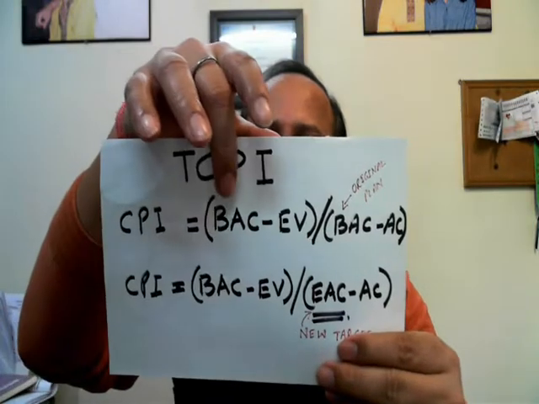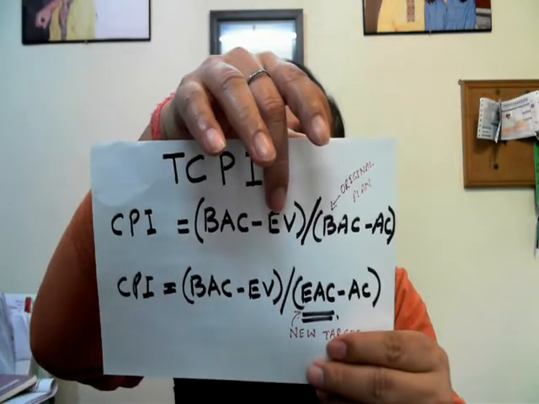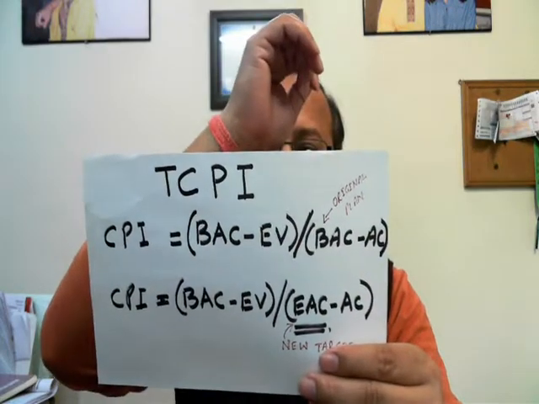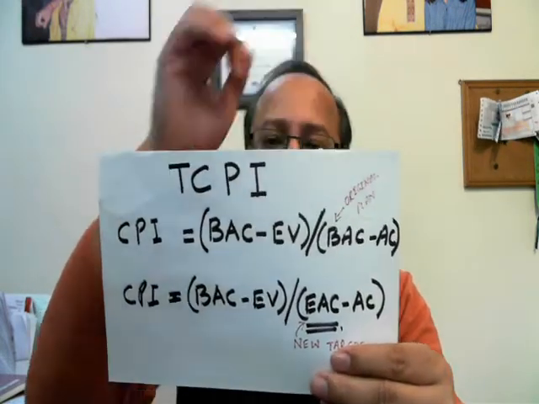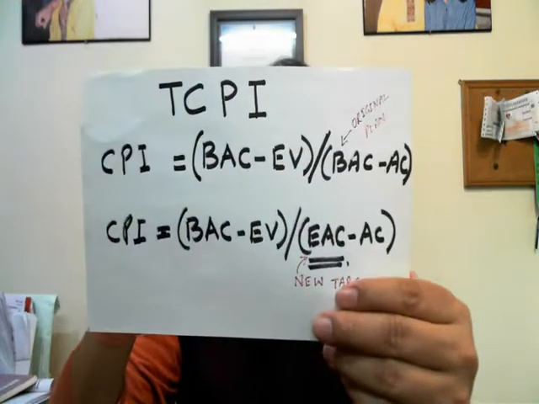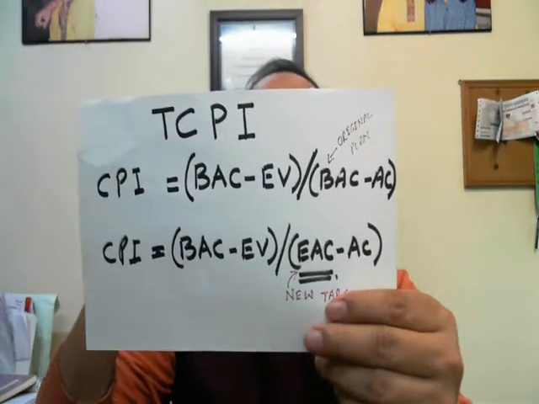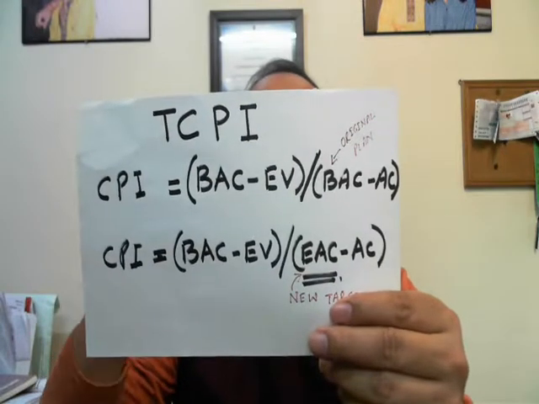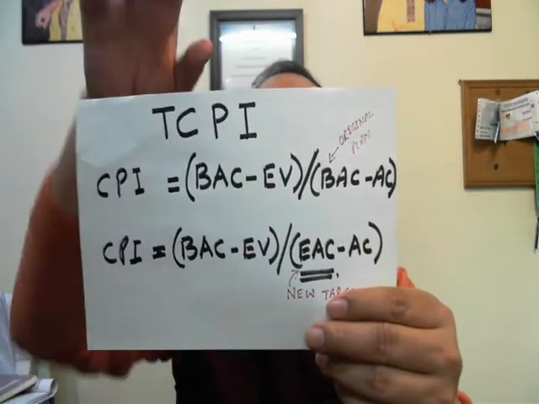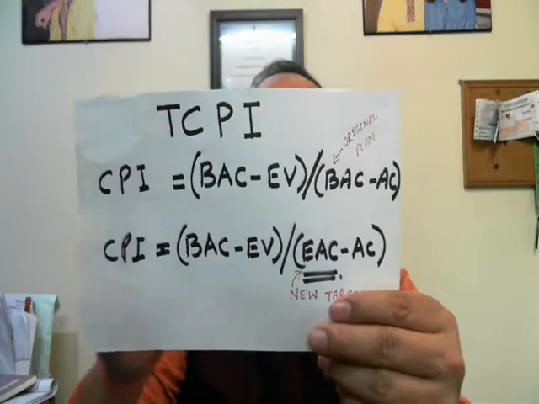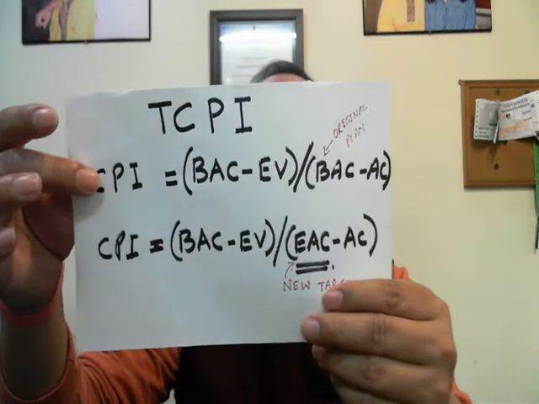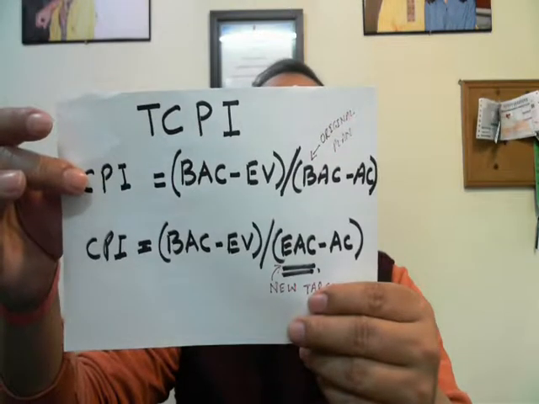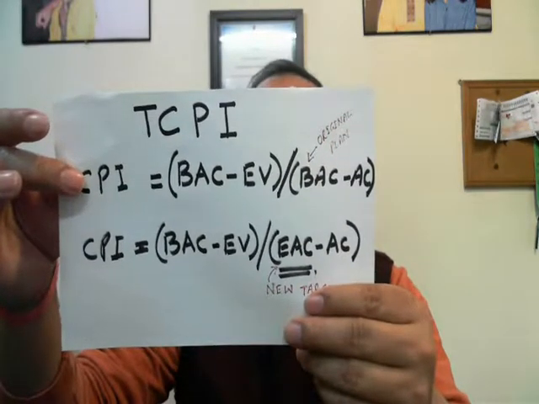It is BAC minus EV, the whole thing divided by BAC minus AC. Now, this BAC is the original plan. If the question says, what is the efficiency with which you have to utilize the funds so that you can finish the project in the original plan, BAC being the original plan, then you use this formula: TCPI is equal to BAC minus EV, the whole thing divided by BAC minus AC.